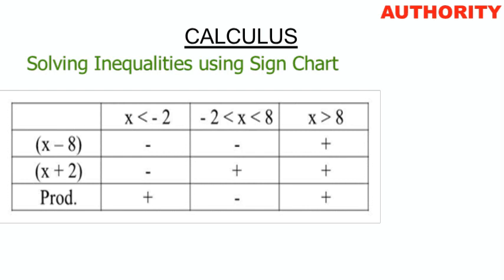Now let's pick, for example, 0 because 0 is in between, okay? And then let's put it in that expression. The expression says x squared minus 2x is less than or equal to 16 plus 4x.